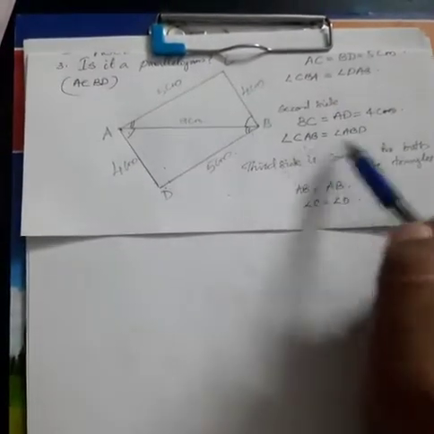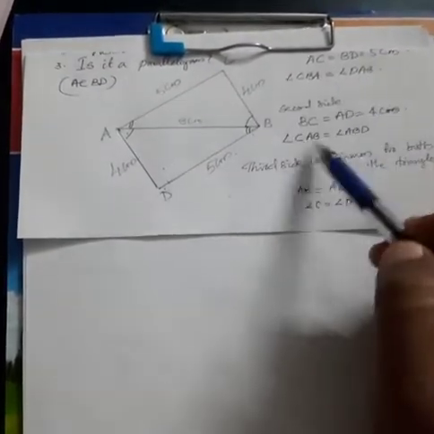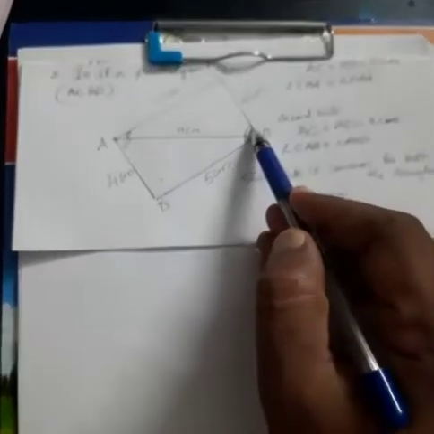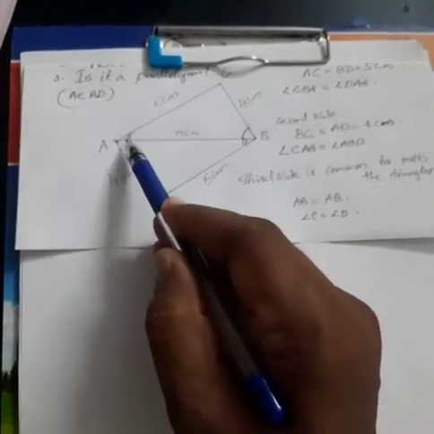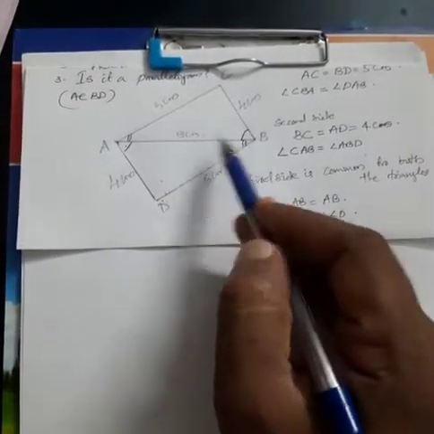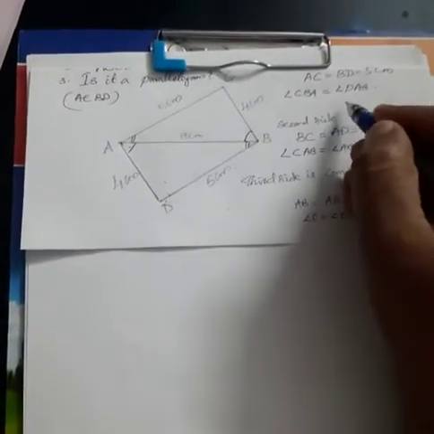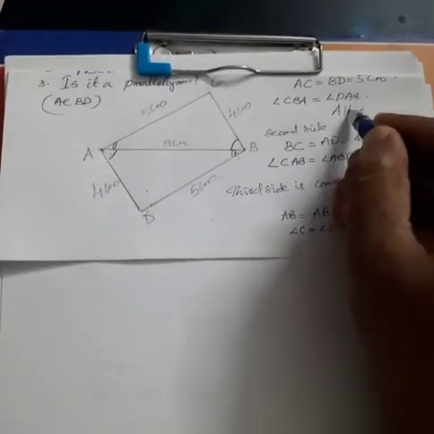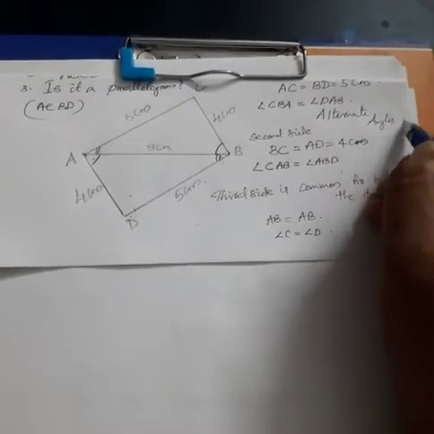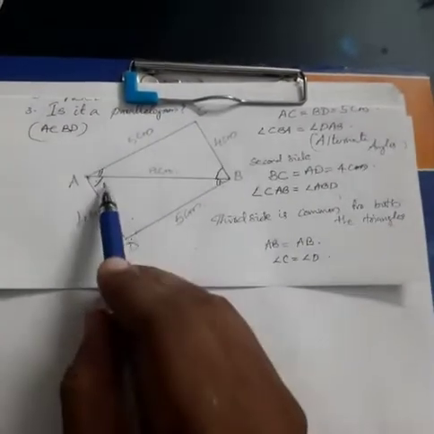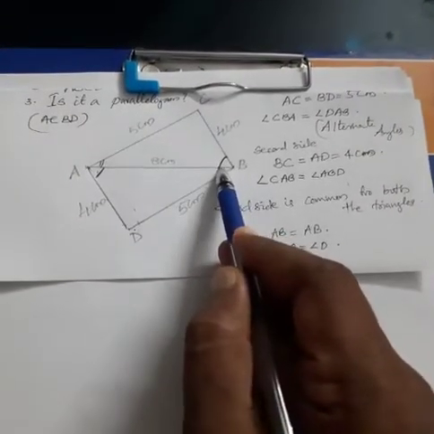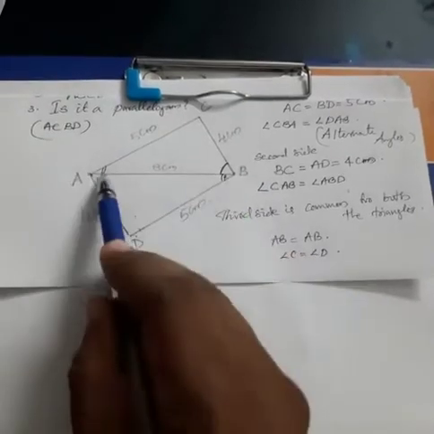Here you can see the angles. If the sides are equal, opposite angles are also equal. Consider these two angles. One angle is here, the other angle is here. What is the name of these angles? They are called alternate angles. The alternate of this angle is here.